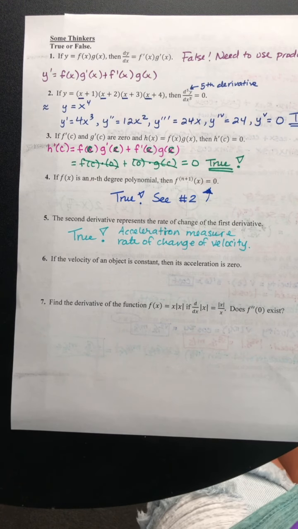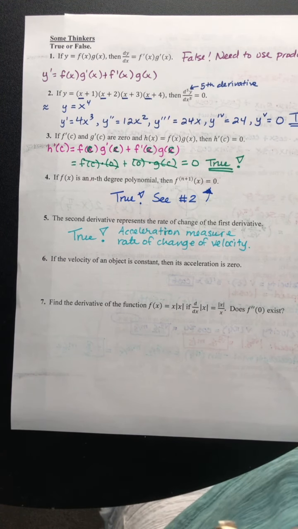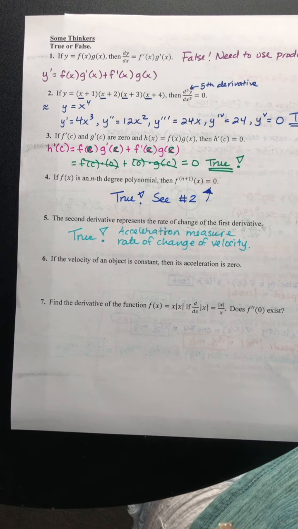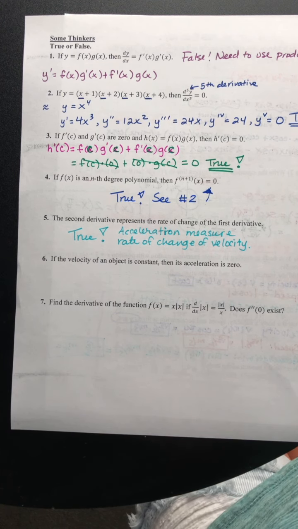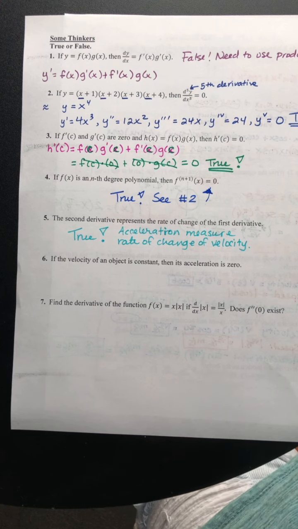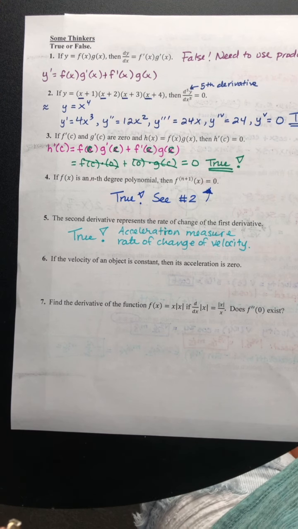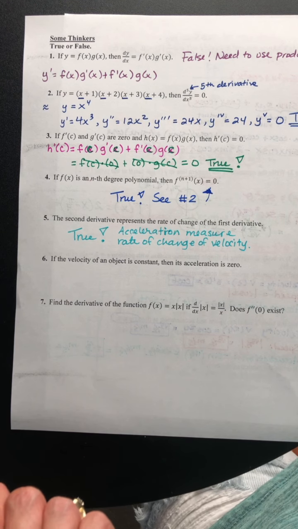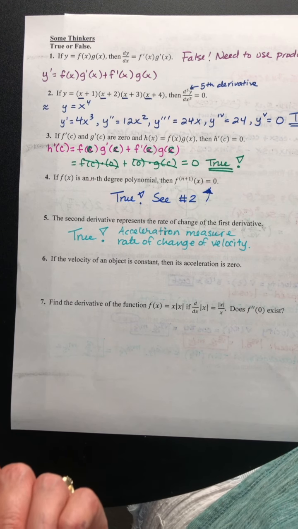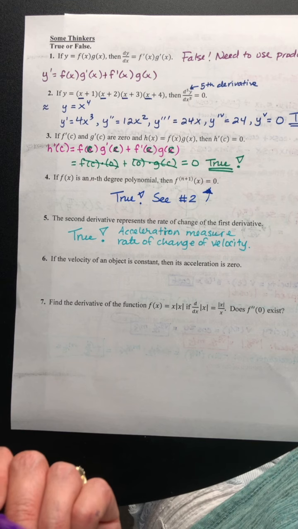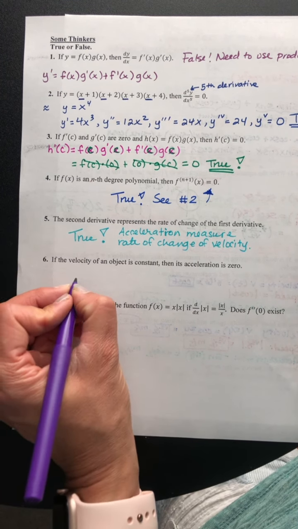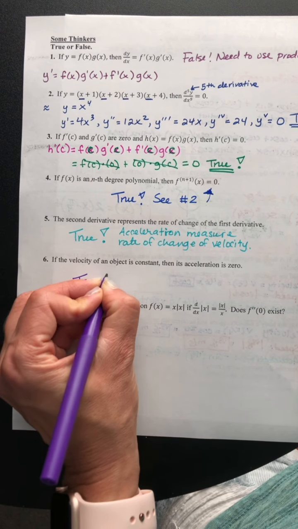Number 6, if the velocity of an object is constant, so that means it's not increasing in velocity or decreasing in velocity, it's just staying the same the whole way, then its acceleration is 0. Well, if we're not increasing the velocity or decreasing the velocity, we're not accelerating or deaccelerating. So yeah, that means that the acceleration would be 0. So this is true.